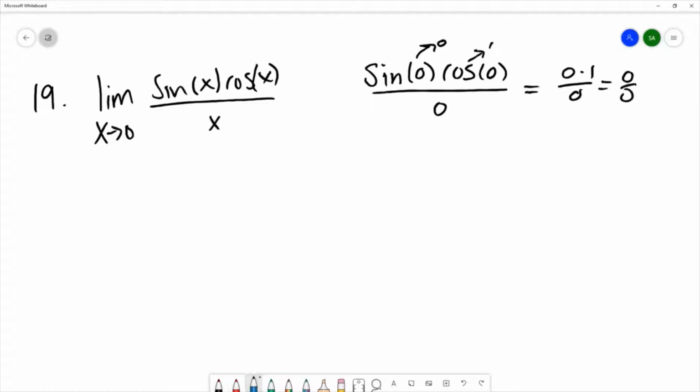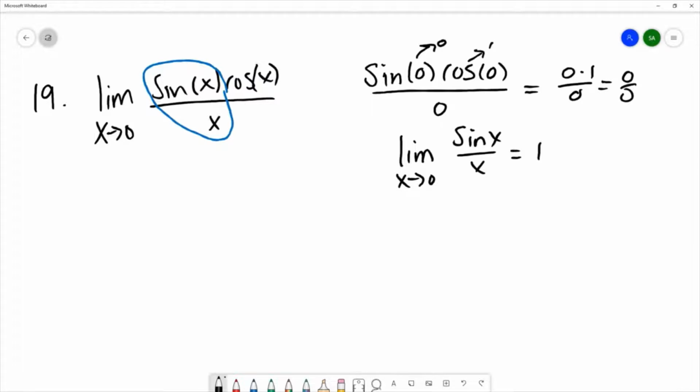But we can recognize that we have our special limit. Our special limit is the limit as x approaches 0 of sine x over x, and that's equal to 1. So we're going to try to take advantage of that to rewrite.